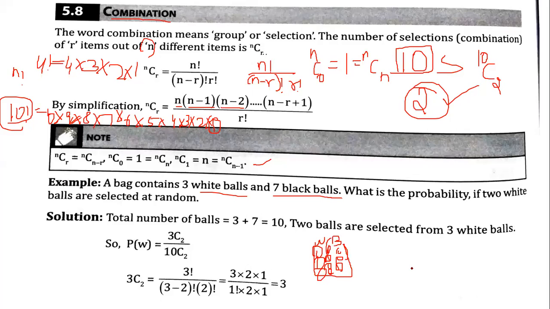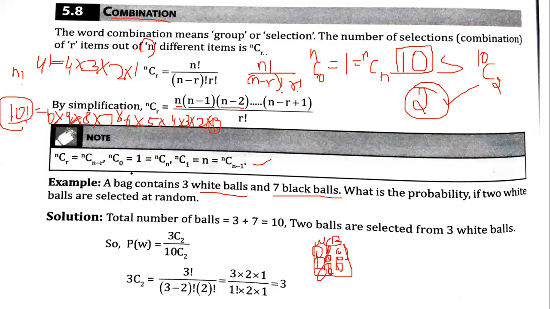What is the probability if 2 white balls are selected at random? Now that bag will not be arranged as 3 white balls and 7 black balls. It will all be mixed up. When I pick 2 balls from the bag, what is the possibility of getting 2 white balls at a time? That is the question.